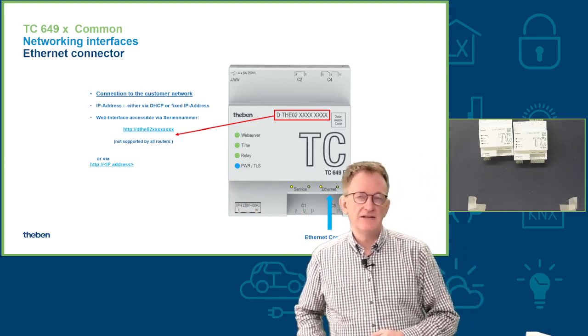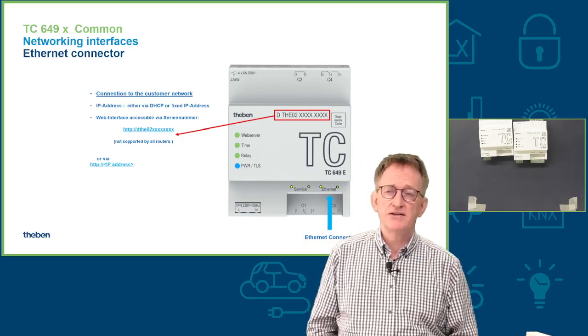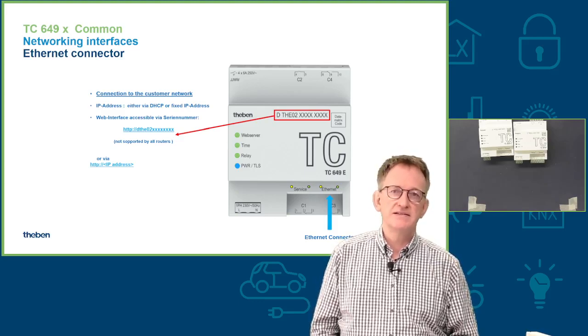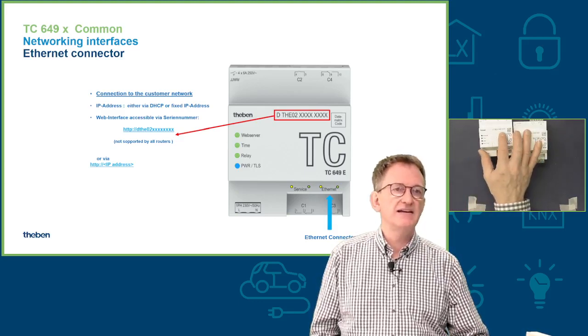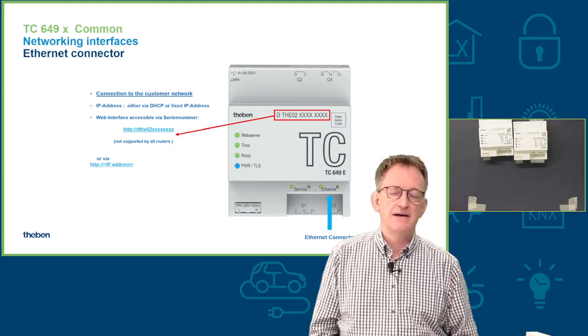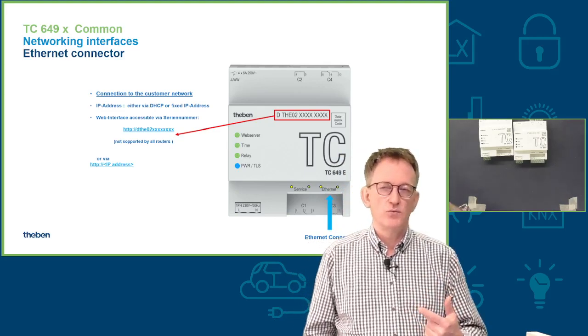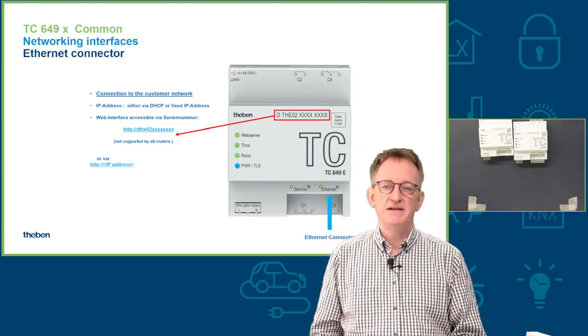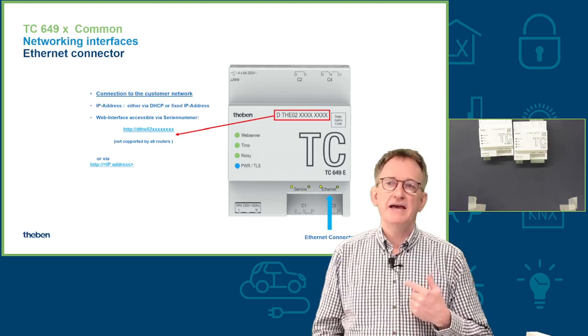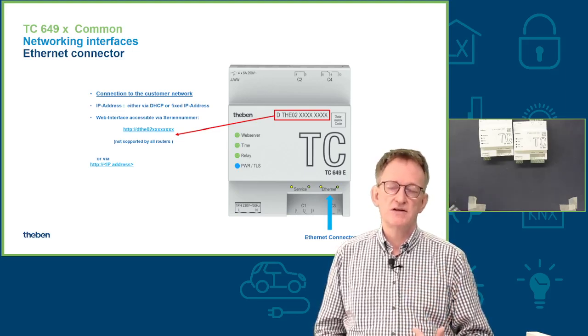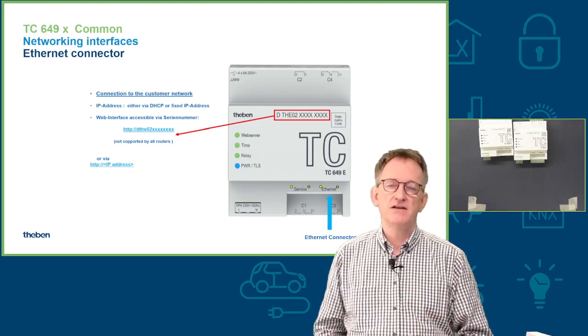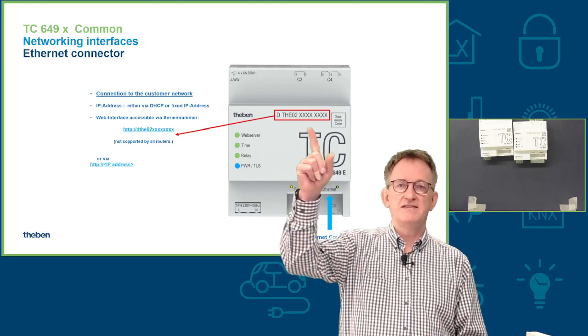There is one nice feature available, but not all of the routers support this feature. We have on each device, as I have mentioned, the serial number. When this device requests a DHCP address, it will register on the DHCP server with that serial number.